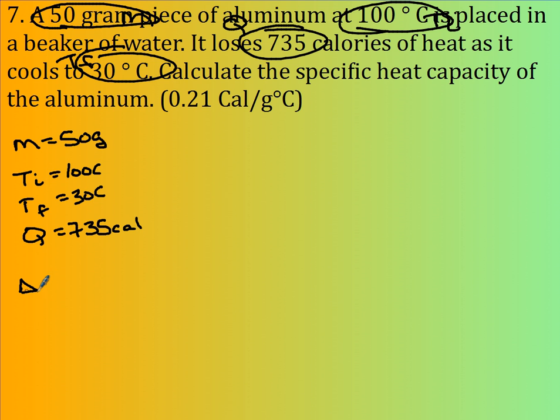Let's find change in temperature. It's always T final minus T initial. So this is 30 minus 100, or negative 70 Celsius, excuse me.